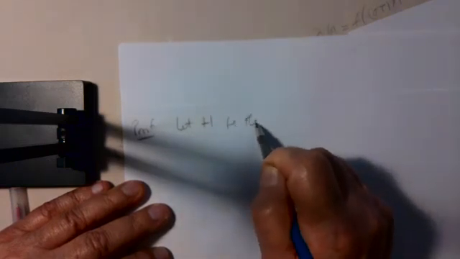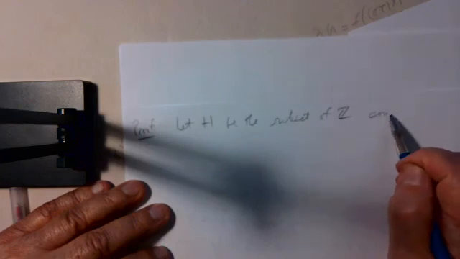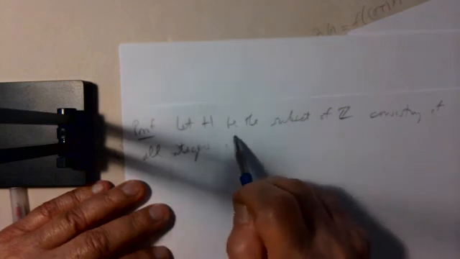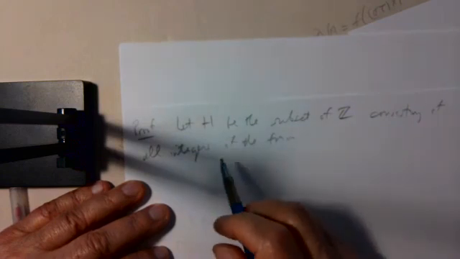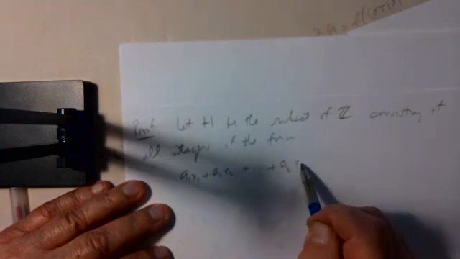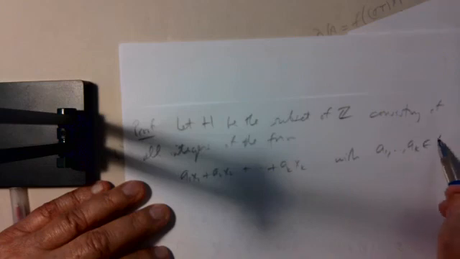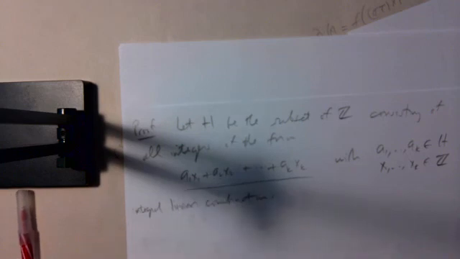Let H be the set of integers, the subset of Z, consisting of all integers of the form A1x1 plus A2x2 up to A sub k x sub k, where A1 up to AK, K can be anything, are in the set, and X1 up to X sub K are in Z. So these are all integral linear combinations. That's just the language we use.